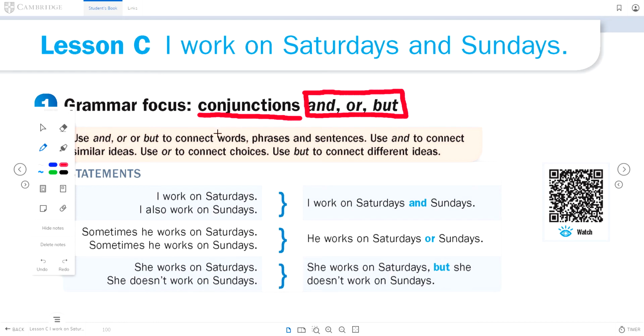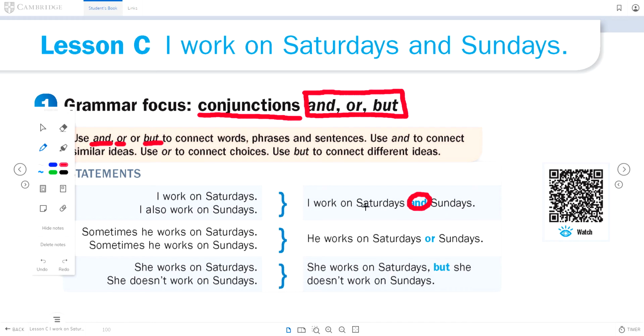Let's look here and see the explanation. We have and, we have or, and we have but. When you want to add, you use and. I work on Saturdays and Sundays, so these two together.